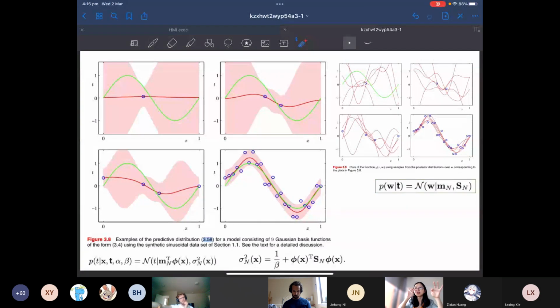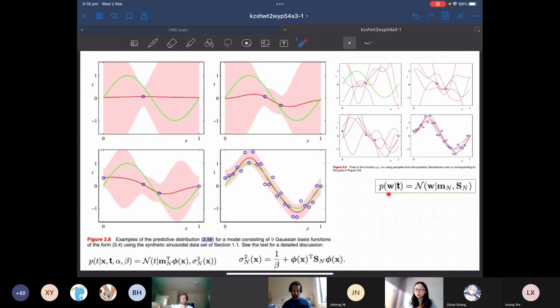That is essentially a tube around the sinusoid we're trying to fit. These pictures don't exactly correspond, but it's fitting the sinusoid with 1 data point, 2, 3, 4, to many data points. As you can see, because the cloud of uncertainty depends on the data, it changes with respect to x, which is nice.